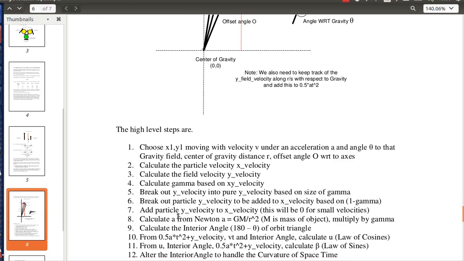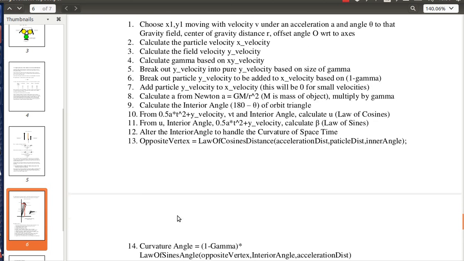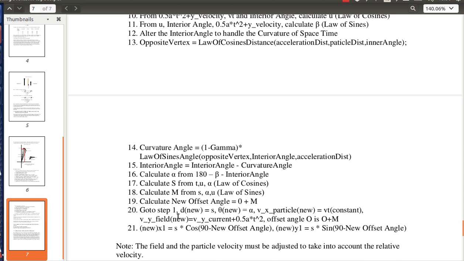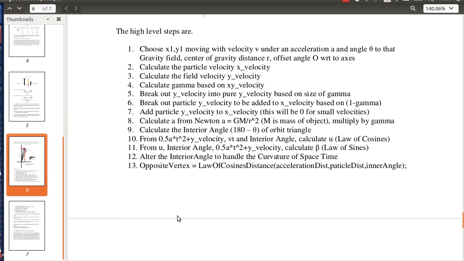The algorithm has approximately 21 steps, and I describe it here, where you choose x1, y1, moving with velocity v under acceleration a and angle theta with respect to the gravity field, and the center distance from the gravity, or an angle offset O with respect to the axes. Typically the angle O is zero in a case around the surface of the planet.